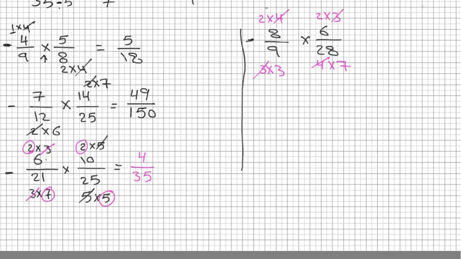Now we have 2 and 2, and from the denominator 3 and 7. Now we can multiply. 2 times 2, 4. 3 times 7, 21. This fraction is in simplest form. Every time try to use multiplication to make the fraction in simplest form.